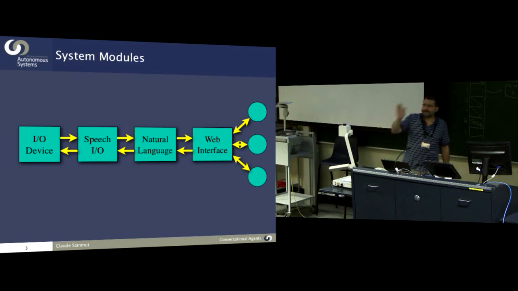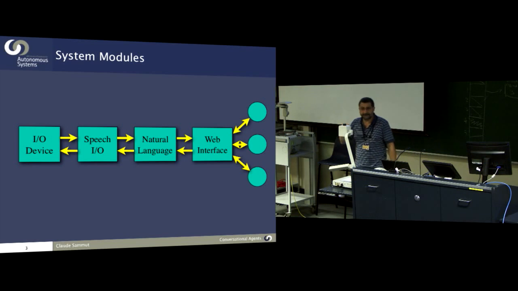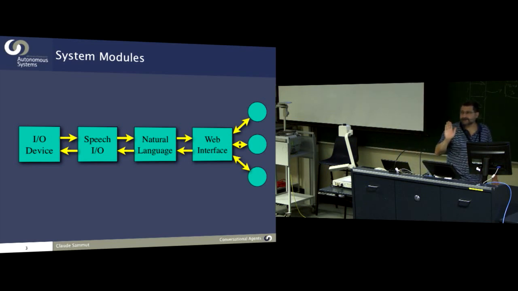You can test, is this module behaving the way it's supposed to? Is this one behaving as it's supposed to? And so you can localize the error fairly easily. So you might decide that the natural language part is not obeying the interface that you agreed on. And if that's the case, the bug is in the natural language part, and you focus on that to do your debugging.